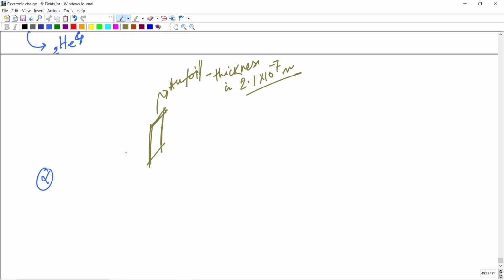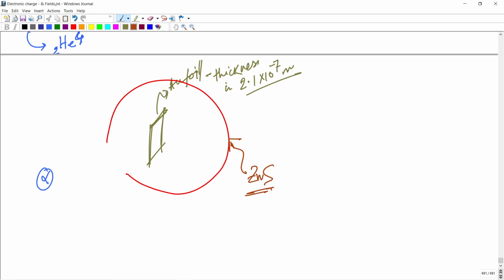There is a detector screen, made of zinc sulfide. When alpha particles are bombarded toward the gold foil, the maximum number of alpha particles pass through the gold foil.